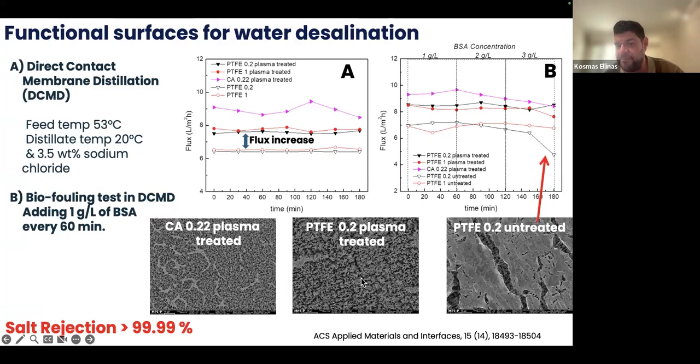Whereas in the micro-nanotextured membrane, you can see that the pores of the membrane are not clogged, and the antifouling properties are sustainable. In this way, you extend the stability of the flux, which is a metric of how efficiently desalination works, instead of the untreated membrane in which flux significantly decreases over time.